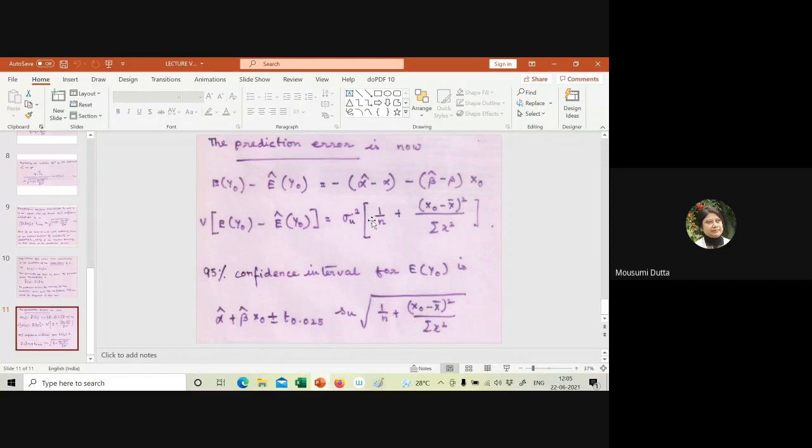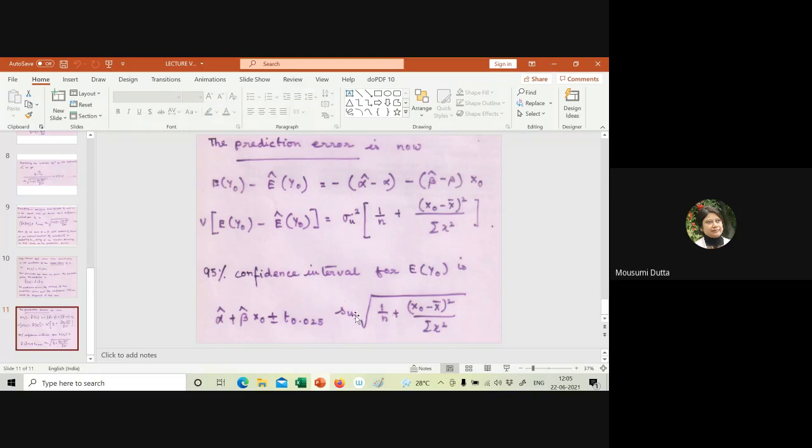There was a 1 plus part in the earlier case. Because in the earlier case, it was y naught minus expectation of y naught, and in y naught there was u naught, so from there we got one more component. However, this component is not coming here. So your interval will be changed a little bit.